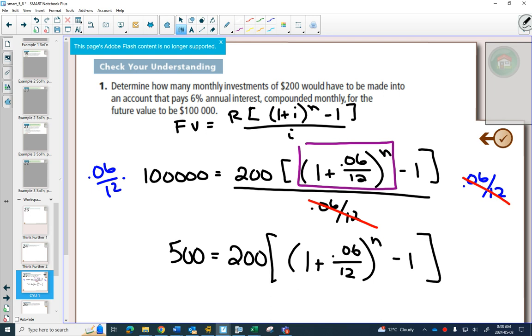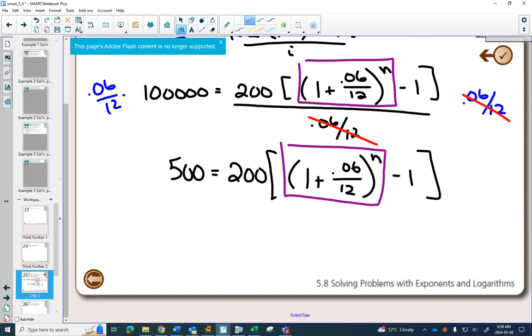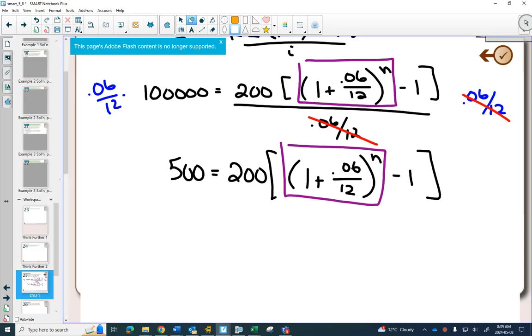Again, I am trying to get this by itself. I'm closer now. What should I do next? Well, I have this 200 out in front. I could divide both sides by 200. $500 divided by 200 is 2.5.